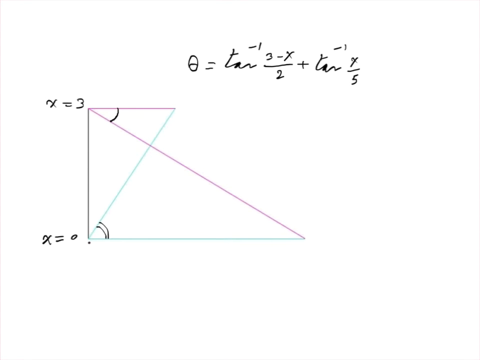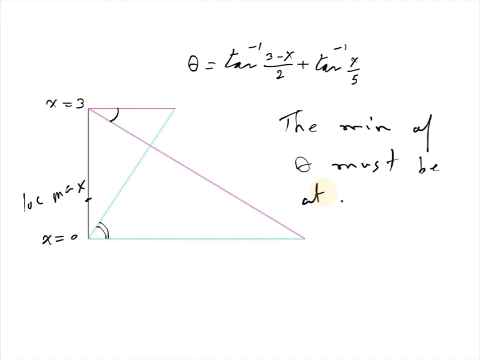You see, x varies from 0 to 3. Somewhere here, it has a local maximum. Then that indicates that the minimum of theta must occur at one of the endpoints.